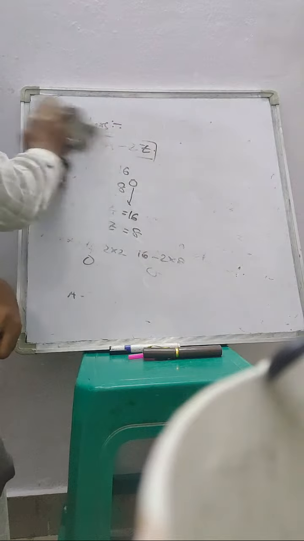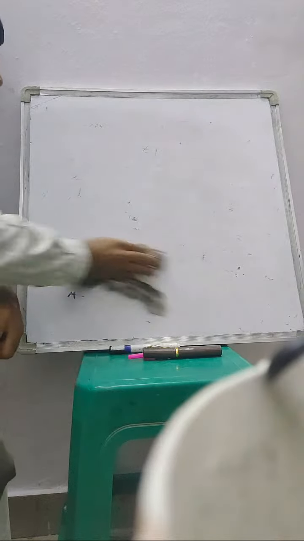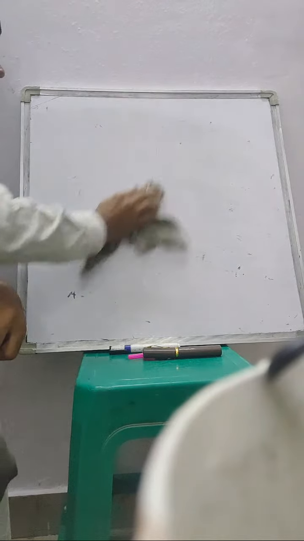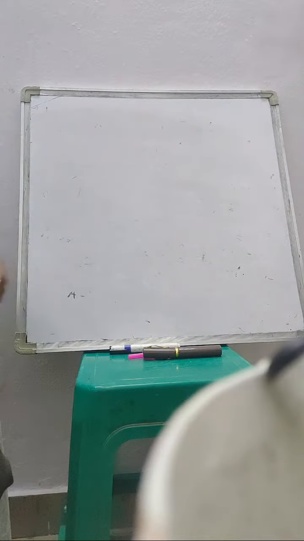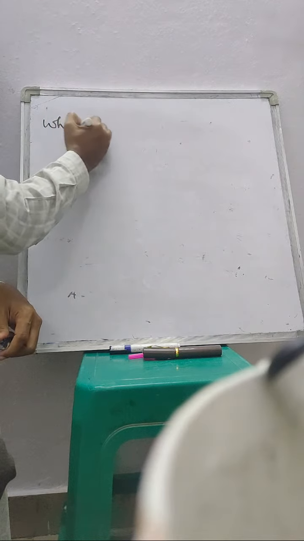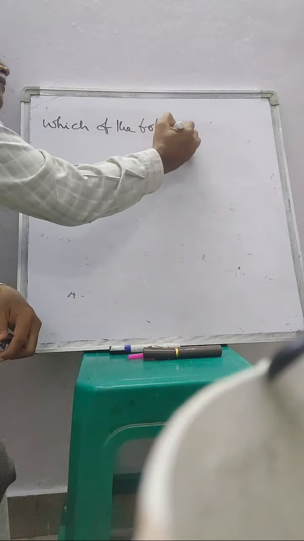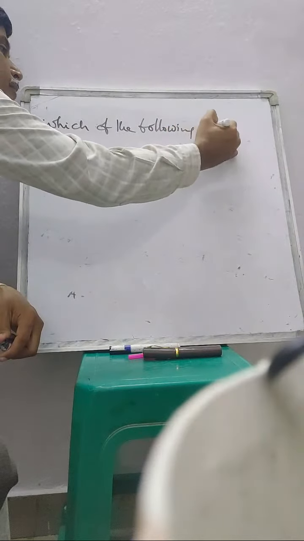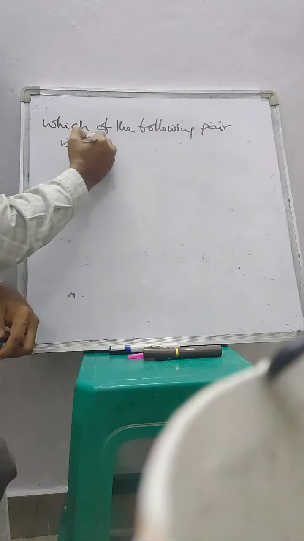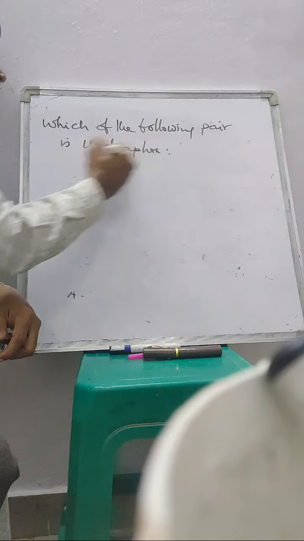From an objective point of view, the question may be asked like this. They may give a set of species and ask which of the following pairs is isodiaphers.